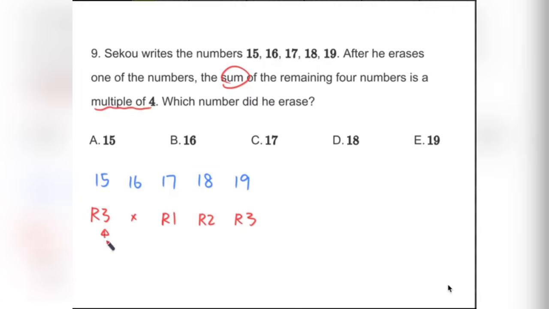So maybe we can try to pair up 15 and 17, right? But after this, what about the 2 and the 3? You still have 5 numbers remaining.